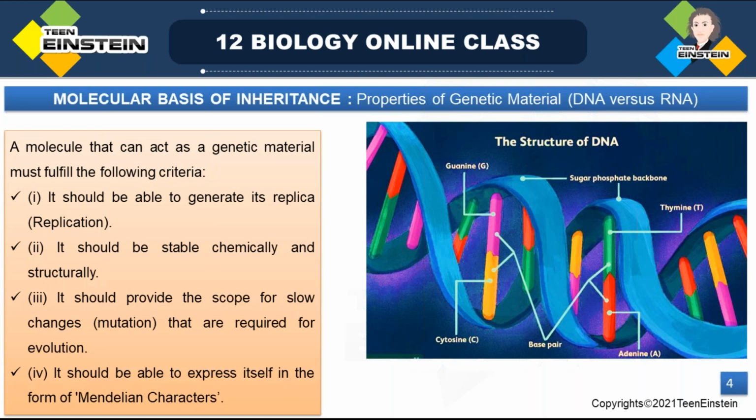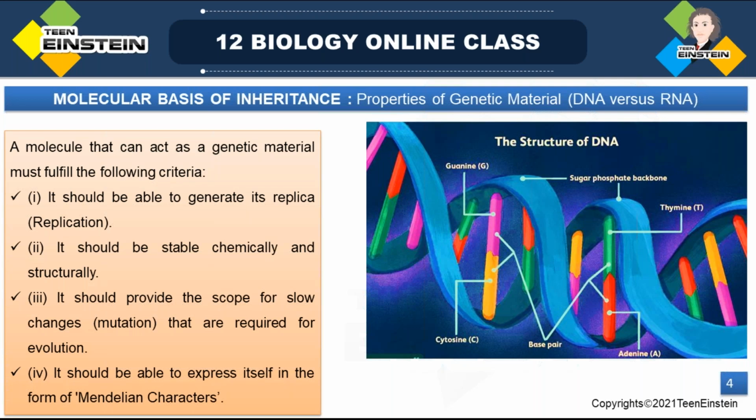And third point, it should provide the scope for slow changes that are required for evolution. There should be a scope of slow changes, not at a faster rate. After a few years, that may lead to evolution or some different kind of organism may form.